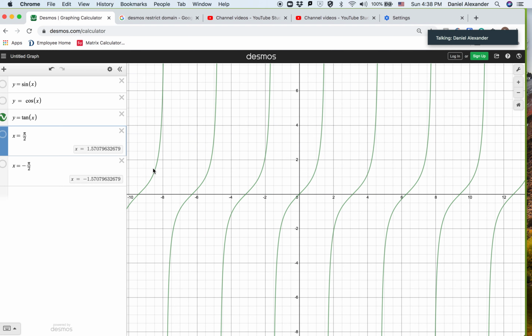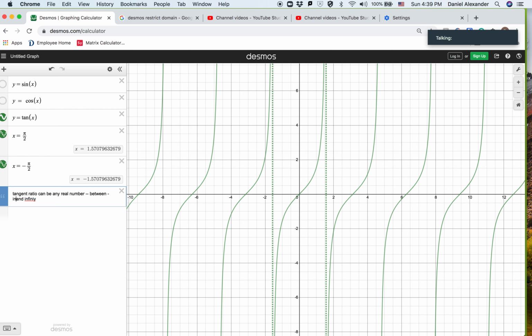So in other words, it goes between minus infinity and infinity. Okay, so we want to have every possible ratio, so we need the graph that goes everywhere.